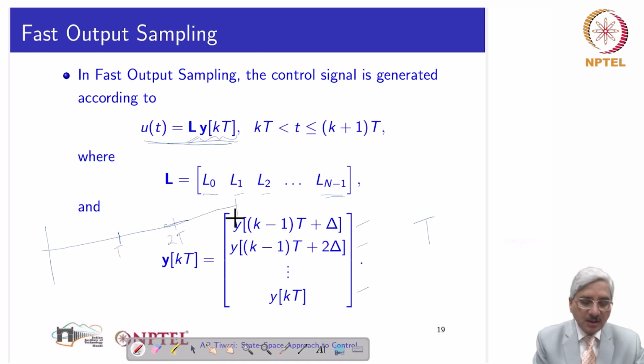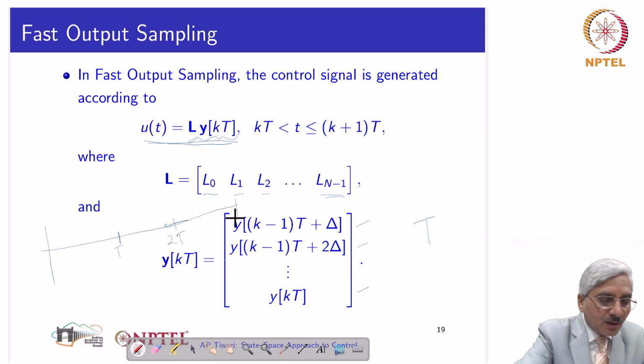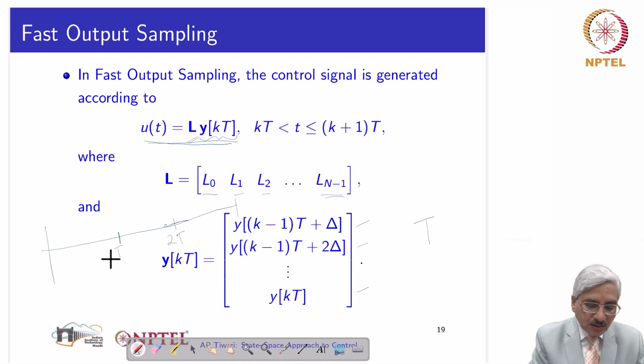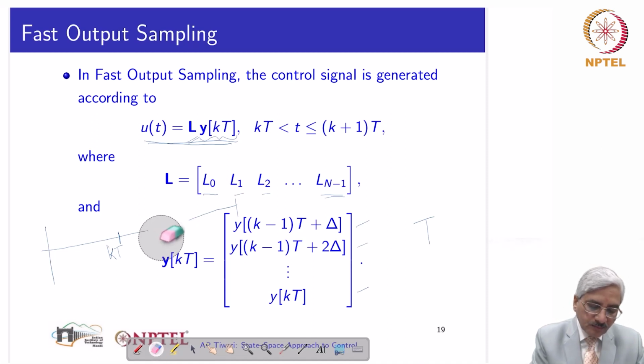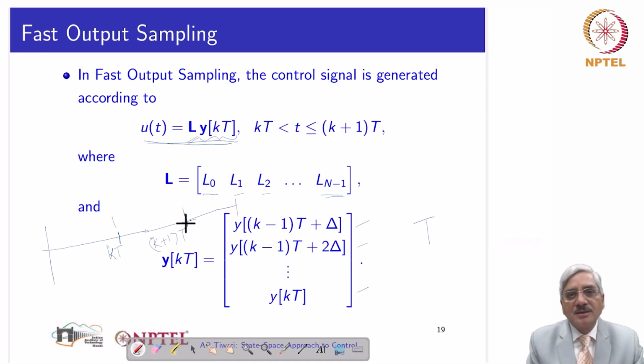For the input, we consider kT and (k plus 1)T, these two instants. So input is updated at these two instants.